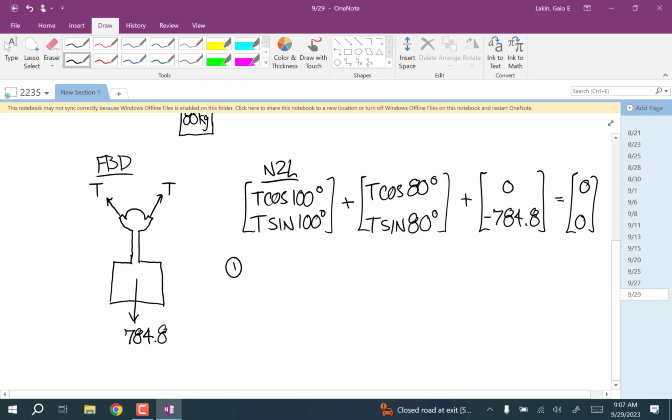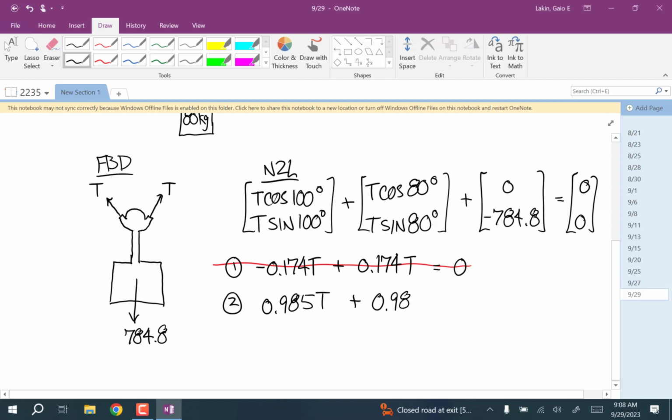Okay, well, cosine of 100 and cosine of 80, you can think of this as two equations. The first one says negative 0.174T plus 0.174T is equal to 0. Those cancel out, so that one doesn't help you. And then the second equation says 0.985T plus 0.985T is equal to 784.8.